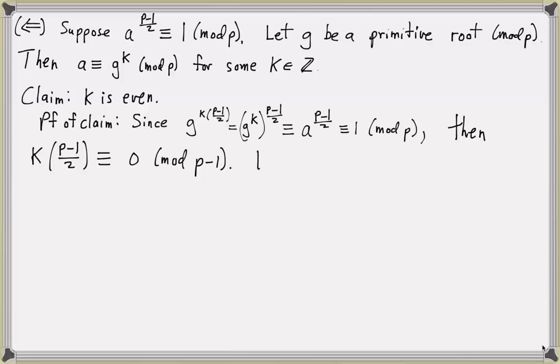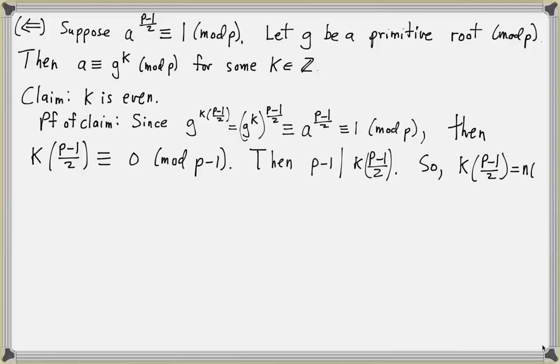So in other words, p minus 1 divides k times p minus 1 over 2. So we can write k times p minus 1 over 2 as some integer times p minus 1.